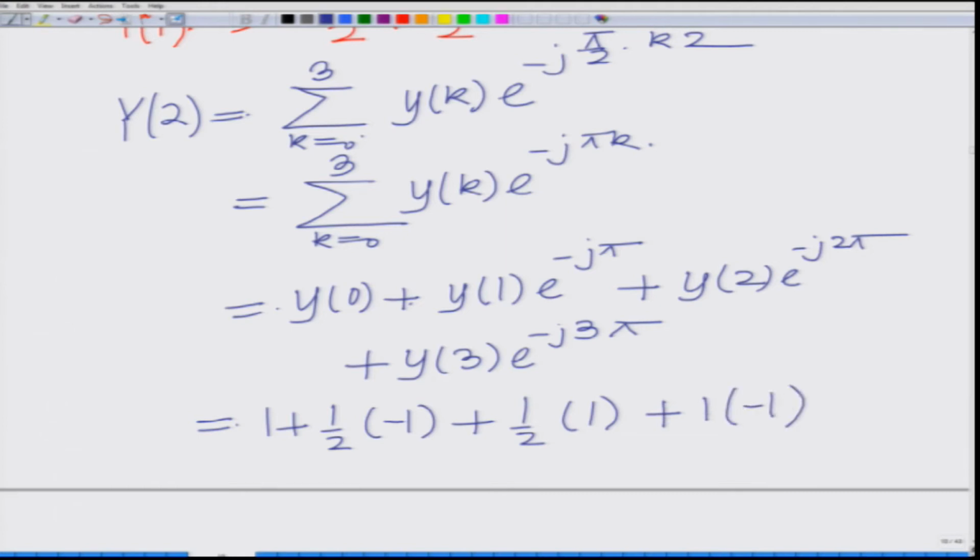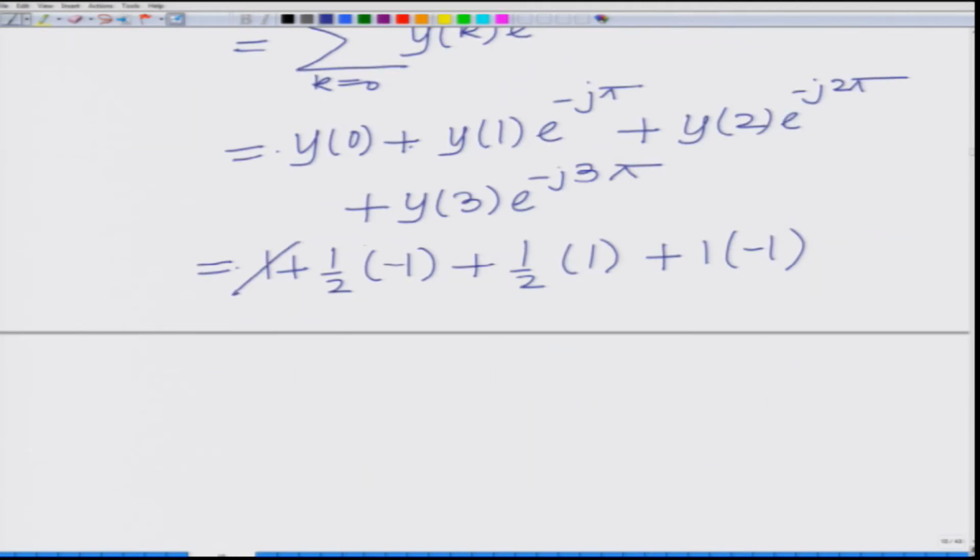Now you can see all these cancel. I have a 1, I have a minus 1, I have minus half, I have a half. So, this equals 0. So, Y2 is equal to 0.